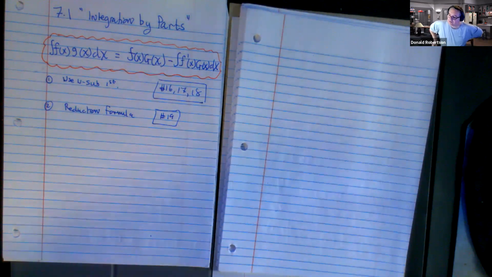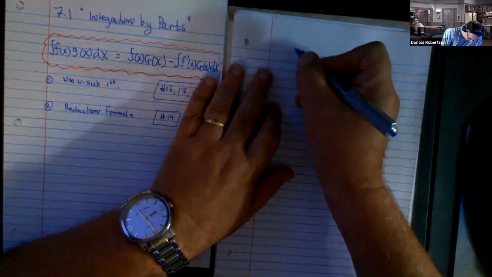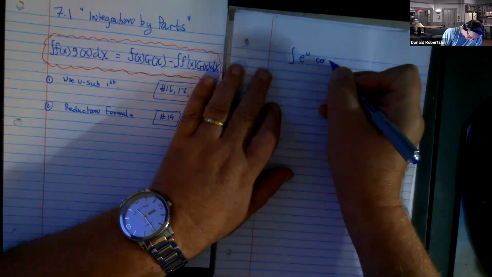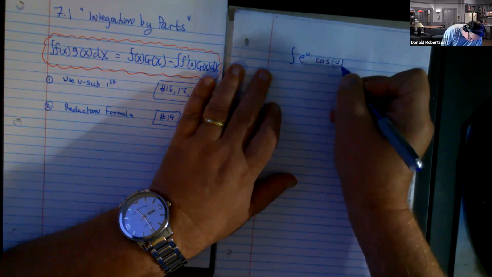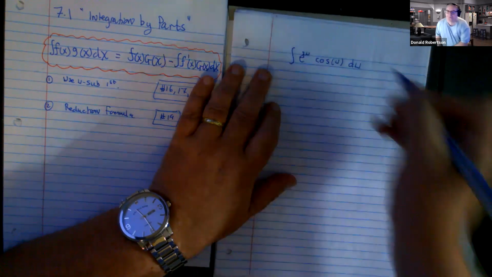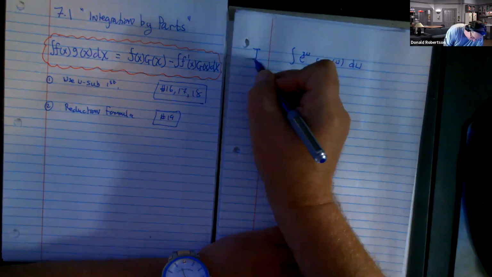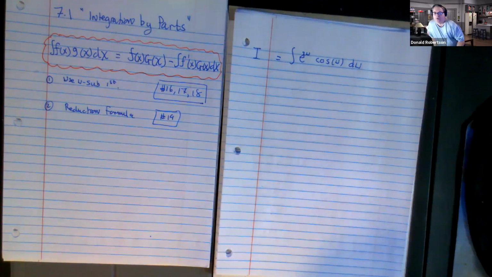So far, so good. Now, there is one more question that I'm going to show you. And this one is this guy. And I'm going to call this I. So I want to find the integral I. I want to find out what this is equal to.